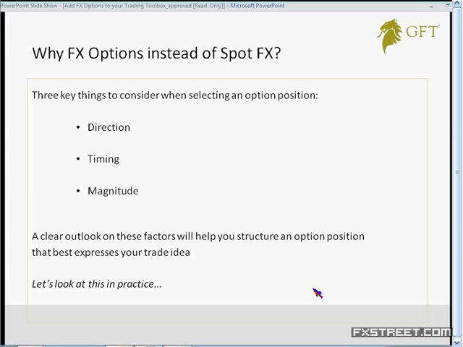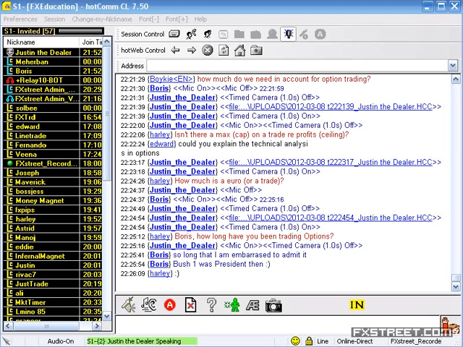To get a sense of what volatility actually does to the price of an option, we can look at two different straddles, one in Aussie versus dollar and one in Euro versus Swiss. So let me switch over.